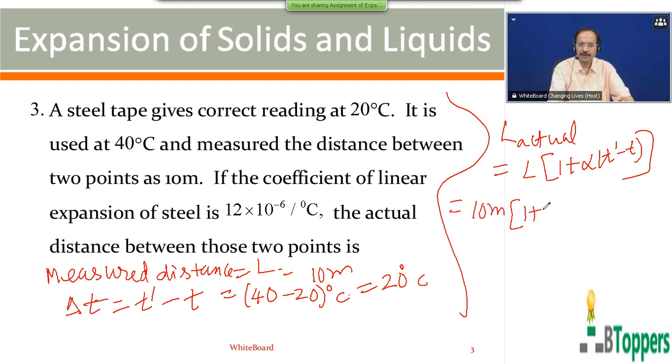Second, alpha equal to 12 into 10 power minus 6 per degree centigrade, and T dash minus T is 20 degrees centigrade. Units of temperature get cancelled. So this you can try to simplify further.